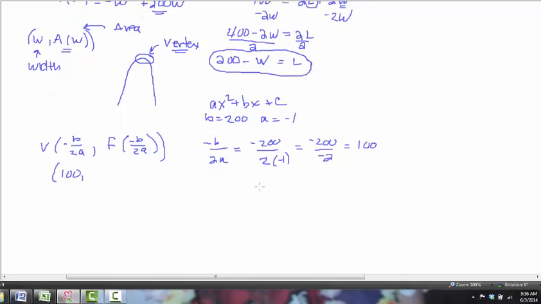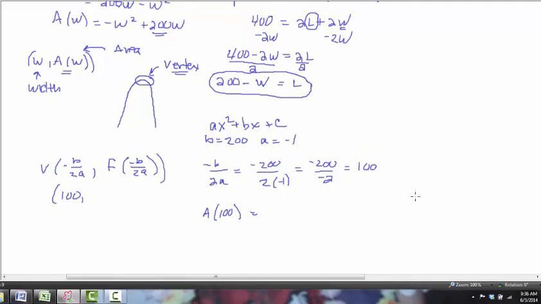So now I need to find f of that number, or since our function is A, technically it would be A of that number, right? So when I plug 100 back into my function, let me scroll this up so we can see our function. There it is. So that would be negative 100 squared plus 200 times 100. So this will be a negative 1 with 4 zeros, and plus 2 with 4 zeros.